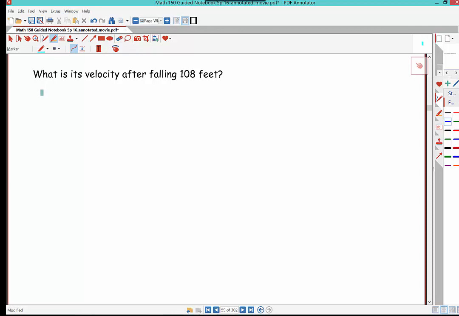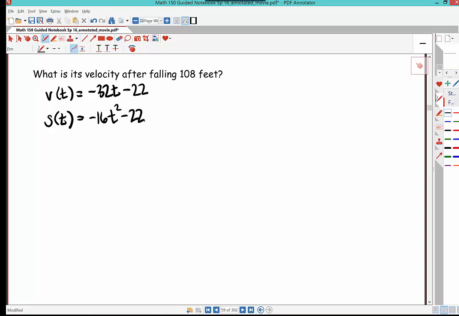So remember the velocity function was v at t is negative 32t minus 22. So that's what we got. But do we know what to put in for t? No, we don't. So remember that our general position function was s at t is equal to negative 16t squared minus 22t plus 220.